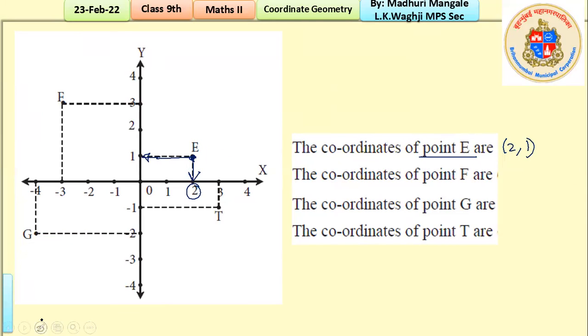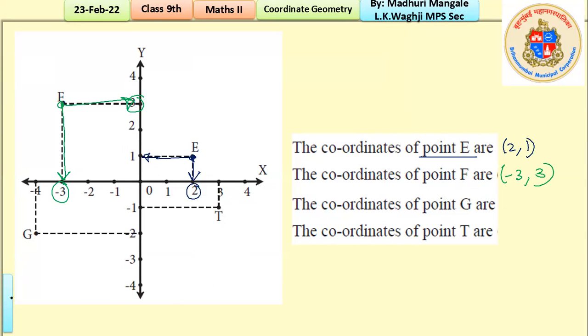Next, we look at the coordinates of point F. So here is point F, and we start with the x coordinate first always. What's the x coordinate? It's -3, and what's the y coordinate? It's +3. So -3, 3, those are the coordinates of point F.